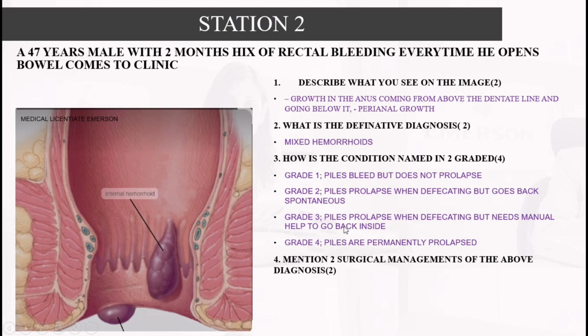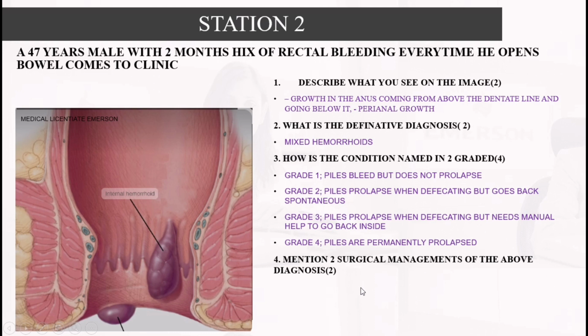Grade 3, piles prolapse when defecating but need manual help to go back inside. Grade 4, piles are permanently prolapsed. So that's the last grade.